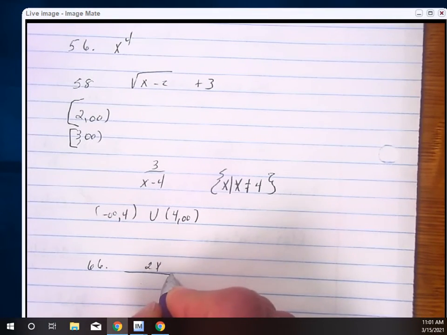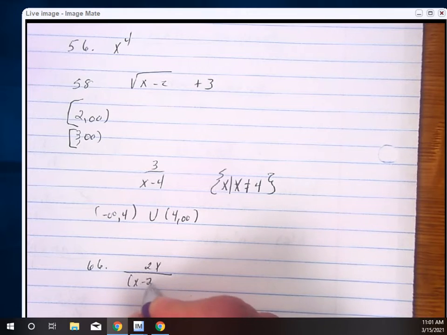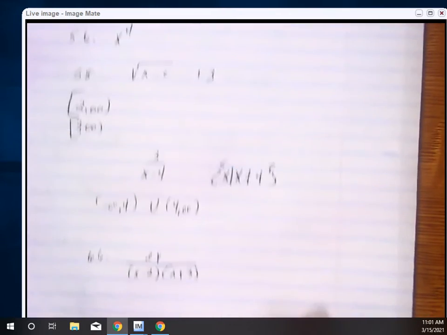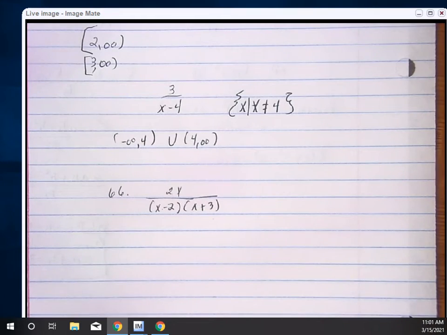2x over x minus 2 times x plus 3. What can you not divide by? 0. What makes the denominator 0? What makes the denominator 0?